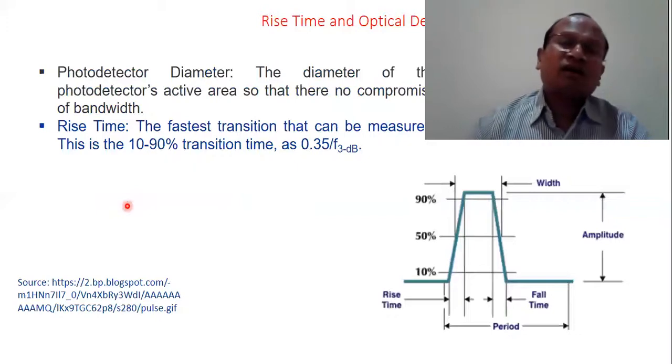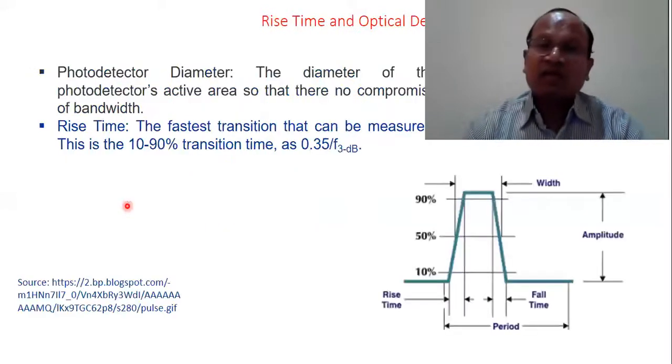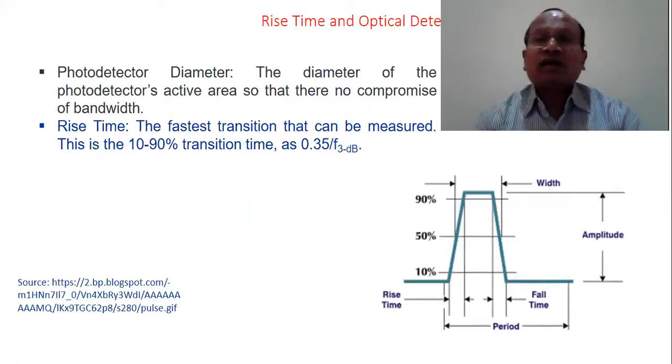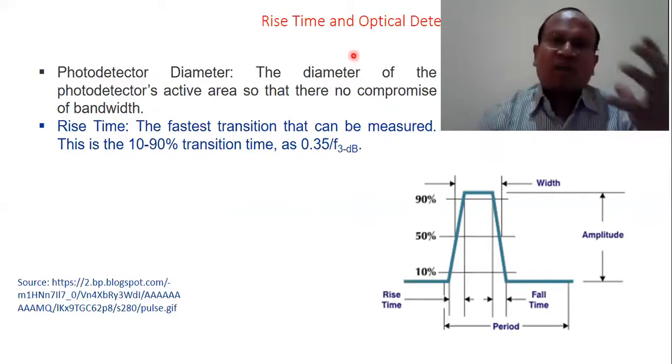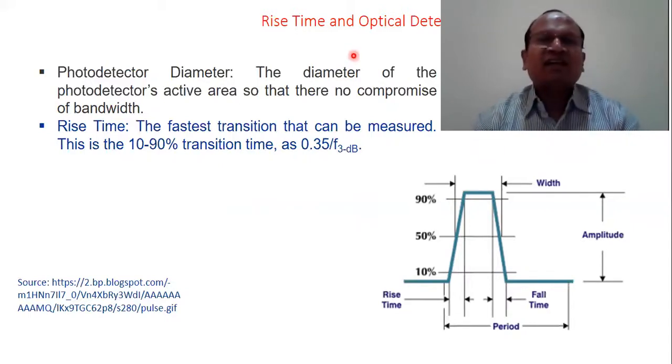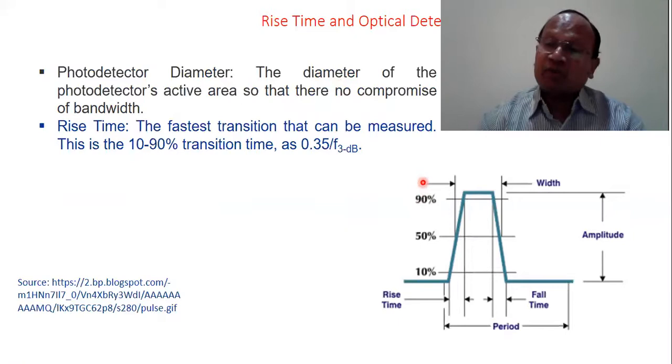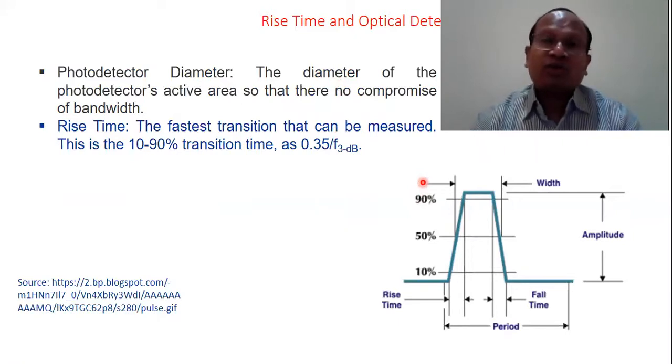And what is the next? Output impedance. The next one is also an interesting parameter, called rise time in optical detectors. What is the role of rise time in an optical detector? Rise time is an interesting factor whenever we want to analyze how the signal is growing, how it is rising, how it is changing.